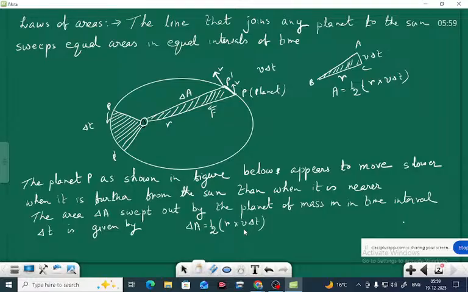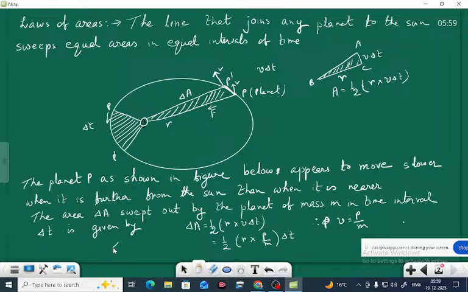Now we know that velocity v is equal to p by m. Therefore, in place of v, you can write p by m. Therefore, it is equal to 1 by 2 into r into p by m into del t.